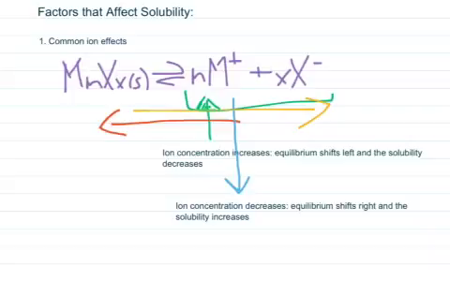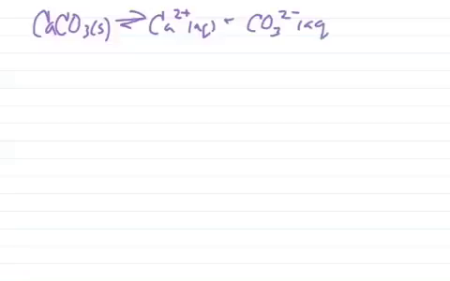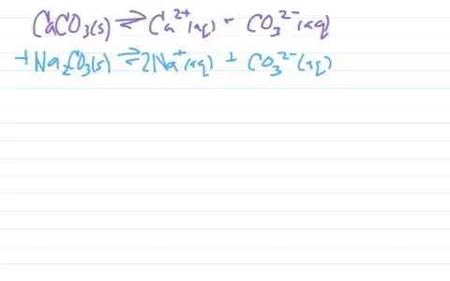So let's take a look at a few examples to figure this out. Alright, so I give you calcium carbonate. The first thing you're going to do is break it up into its ions, so you get calcium 2 plus aqueous plus the carbonate, CO3 2 minus aqueous. Now, how about if we add in some sodium carbonate? Well, when we add in sodium carbonate, we're actually increasing the carbonate right here.